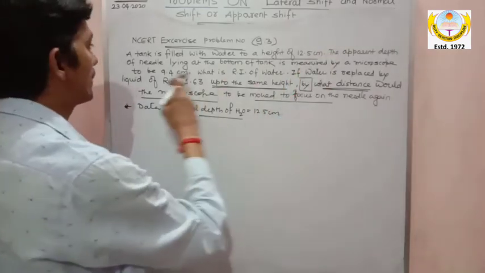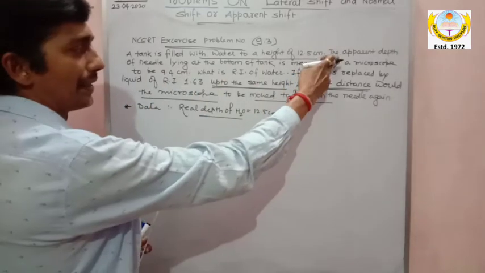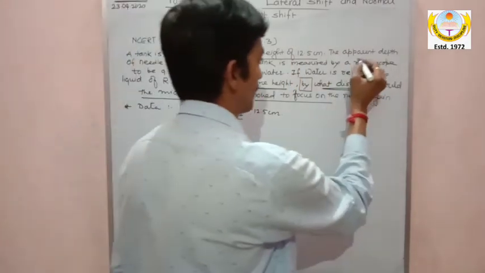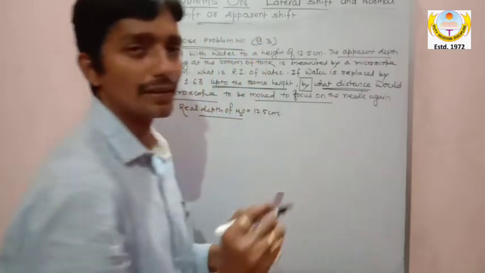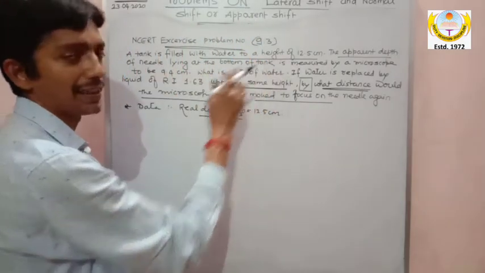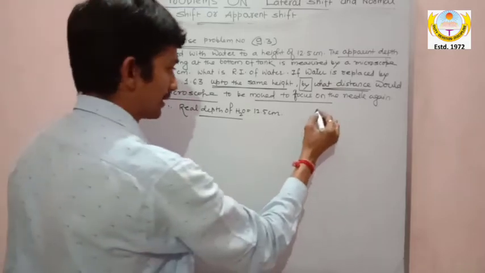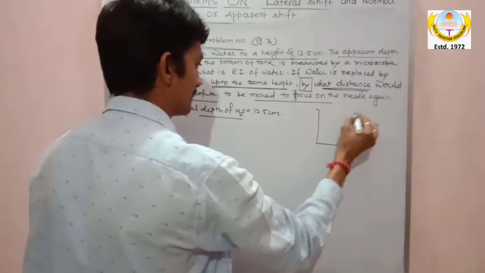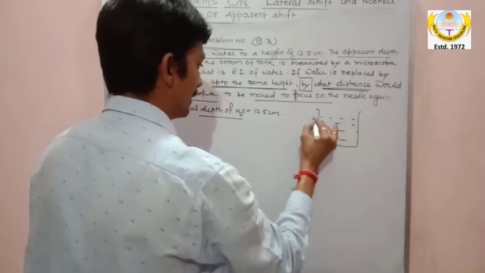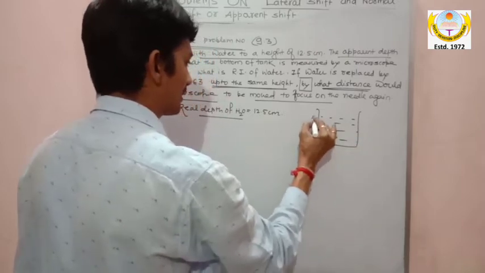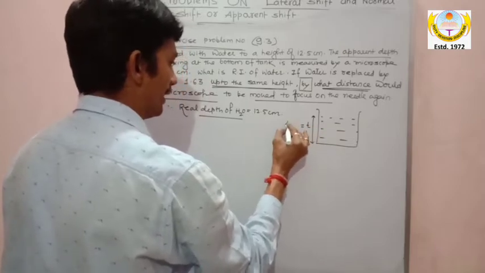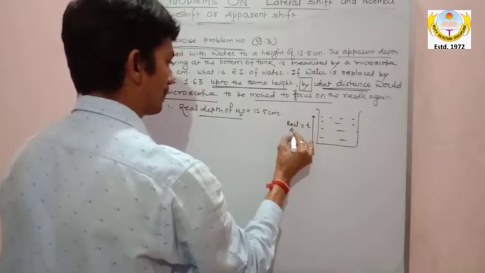The apparent depth of needle. Now the word apparent depth is given. The apparent depth of needle lying at the bottom of tank. So if I say this is a tank, you can call this a thickness, but this is also a real depth.